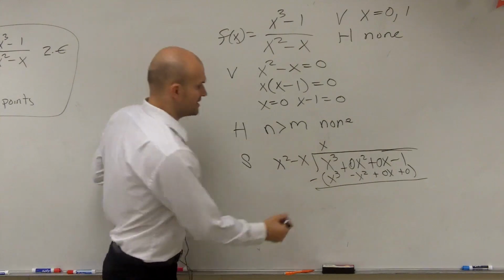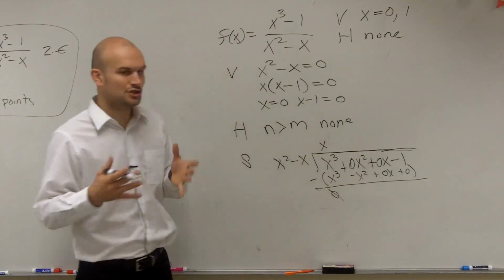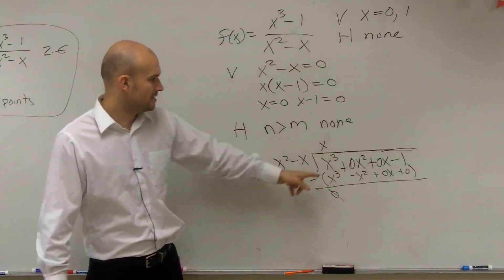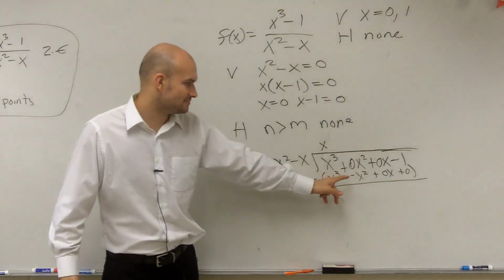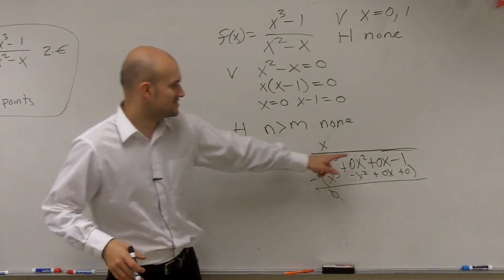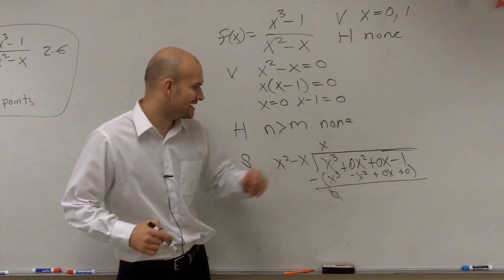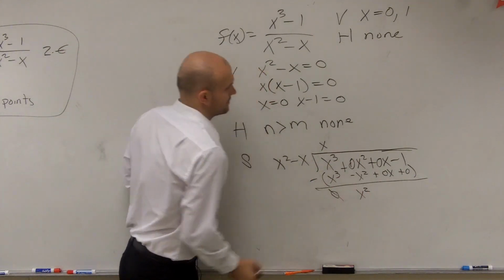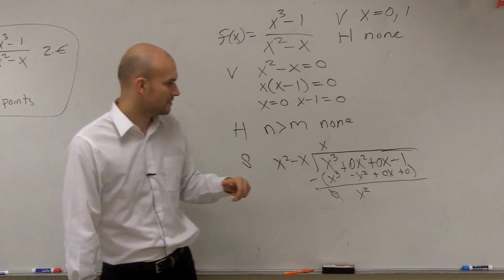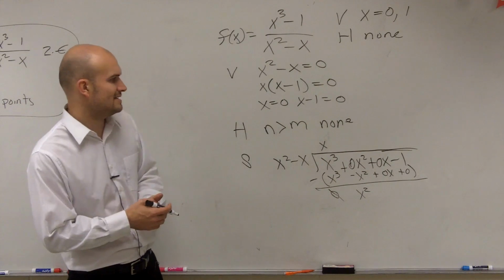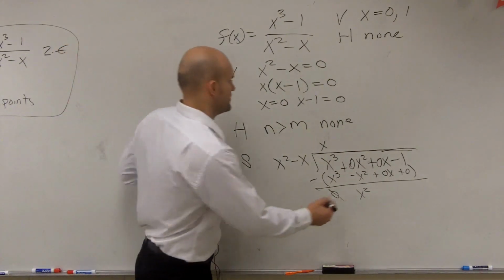X cubed minus x cubed is 0x cubed. It goes to 0, right? 0x squared minus a negative x squared now gives you a positive x squared. And then we have 0x minus 0x. That's obviously going to go to 0. And then negative 1 minus 0 would give you negative 1.